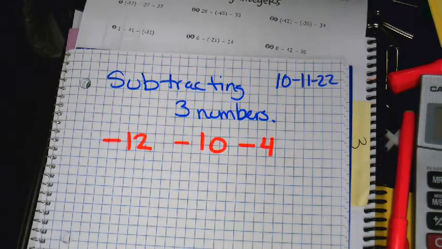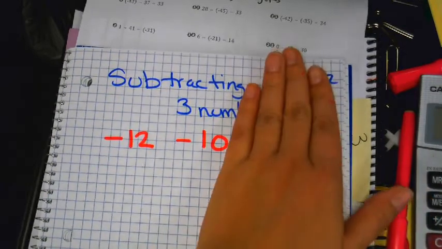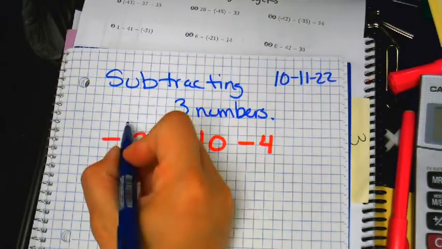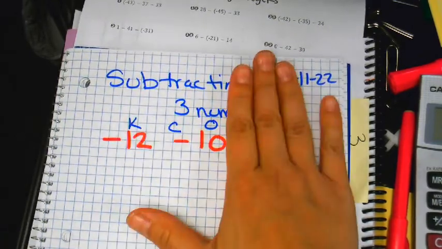Every time you see subtraction, you're going to change it. Even if you have 1, 2, 15 subtraction signs, you're going to change all of them. So, the easiest way sometimes is to do just 2 numbers at a time. Okay? 2 numbers at a time. So, keep, change, opposite of the first set of numbers.